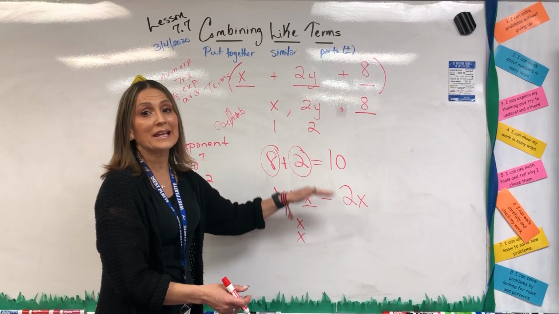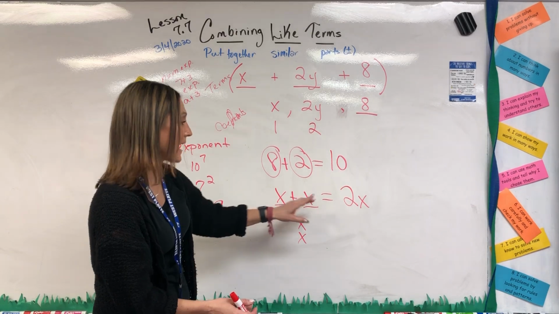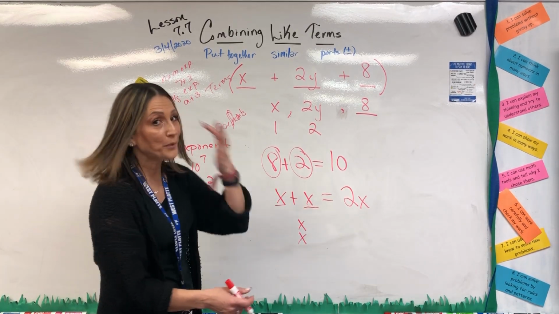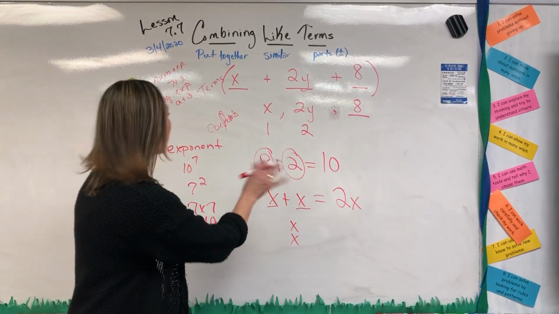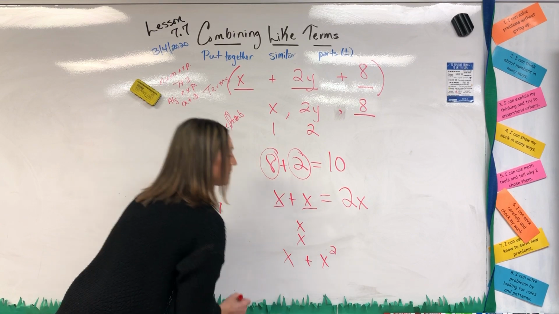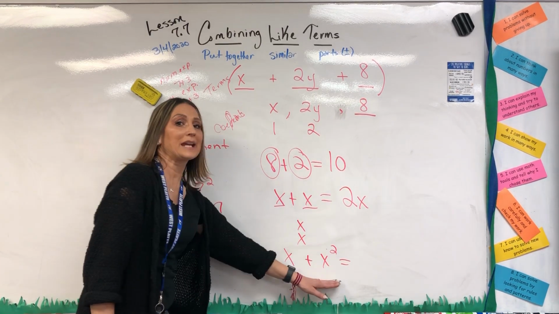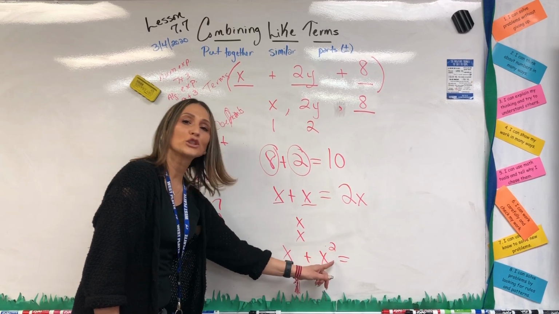And the important thing in this concept is they have to be exactly alike. That's an x, that's an x. I can put those 2 x's together and say I have 2 x's. If I change that any way, then I cannot put those together. That's an x by itself. This is an x squared.